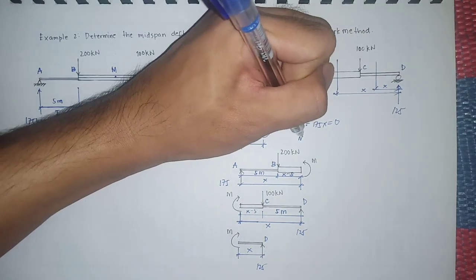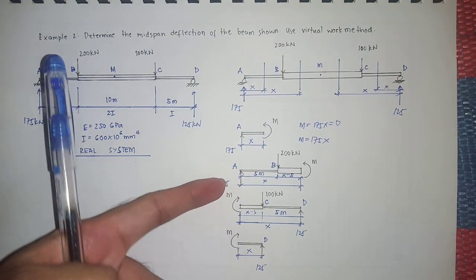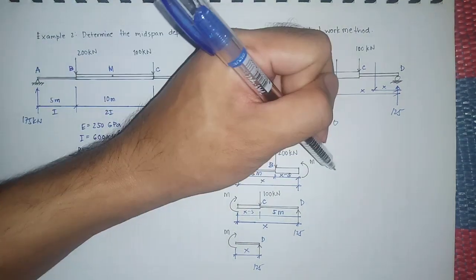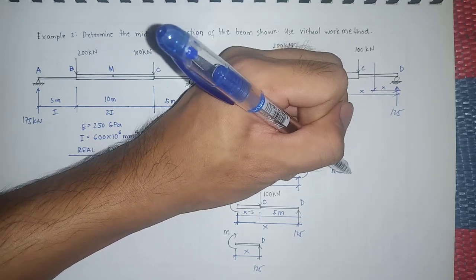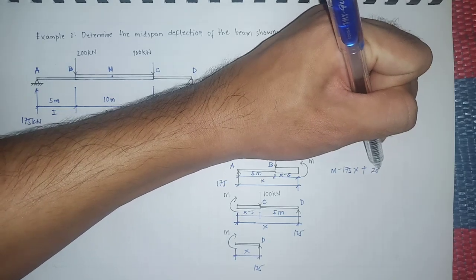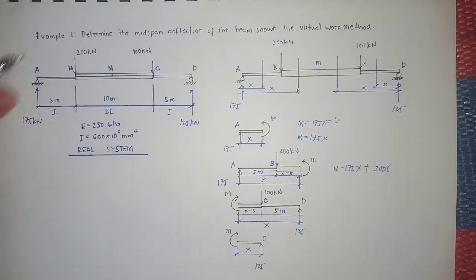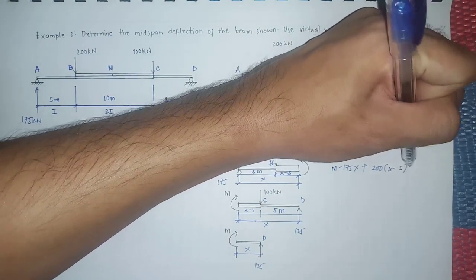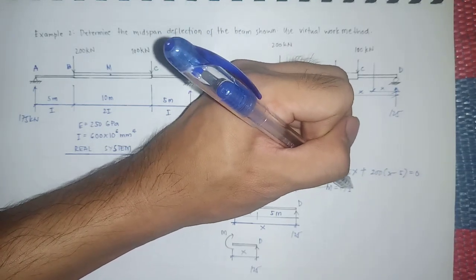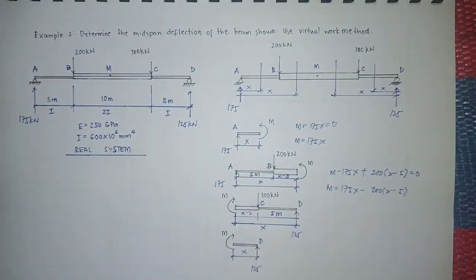So, simply, M is equal to 175 times X. For segment BM naman, we have M minus 175X plus 200 times the quantity X minus 5, kasi 5 meters to eh. So, X minus 5 equal to 0. So, rearranging, M is equal to 175X minus 200 times the quantity X minus 5.